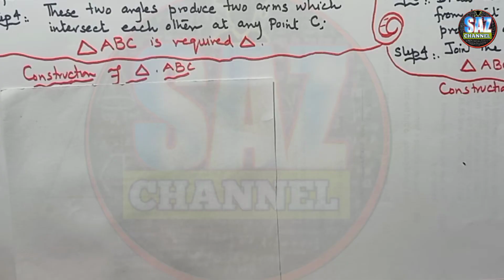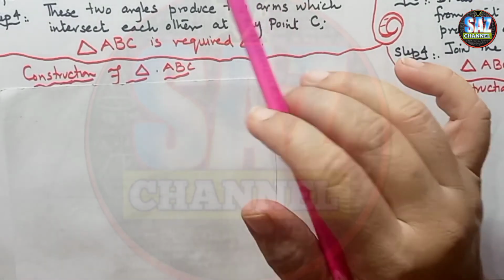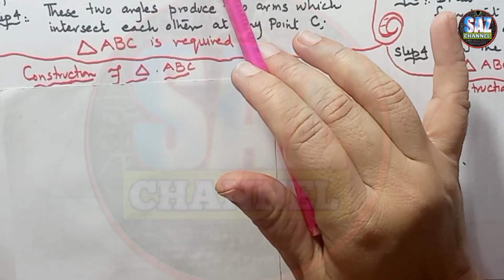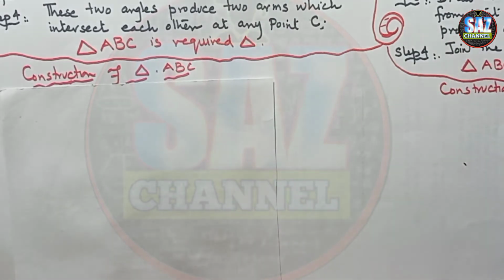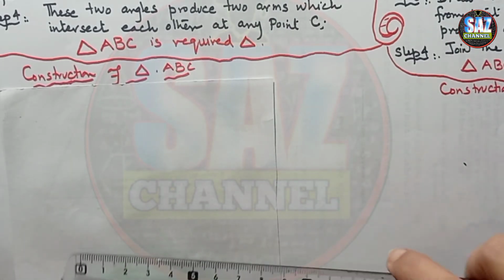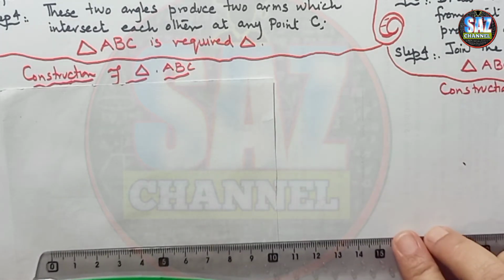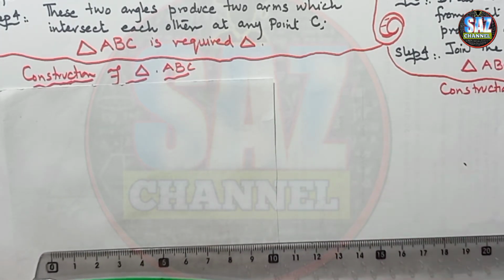Okay, let's apply these steps practically and learn how to construct the triangle when two angles and one side are given. So step 1 is that we have to construct a triangle where AB is 3 centimeters. First of all, I have to draw the line AB of measure 3 centimeters.